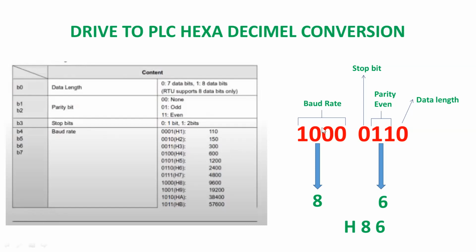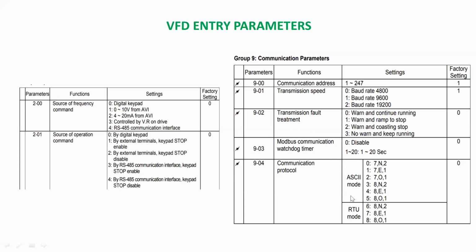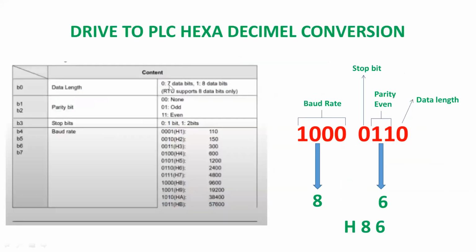Okay, the next four bits represent the baud rate. What baud rate have we taken here? 9600. The 9600 value conversion bit is here. Each baud rate has its own hexadecimal value.